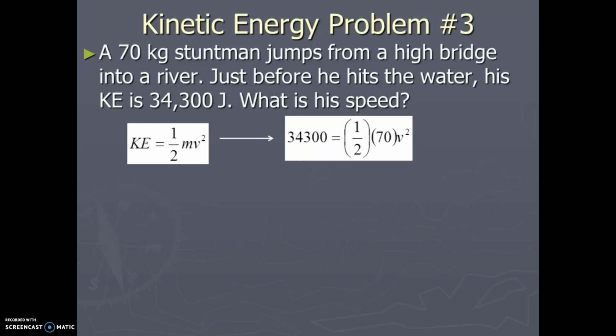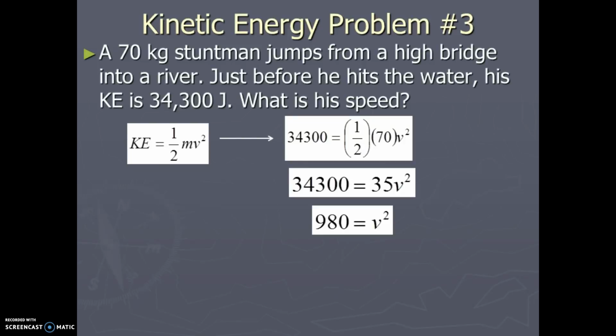So I plugged in my numbers. The next thing I'm going to do is the 1/2 times the 70. 1/2 times 70 is 35. So we end up with 34,300 equals 35v squared. The next thing we want to do is divide both sides by 35, so we can get that v squared by itself.